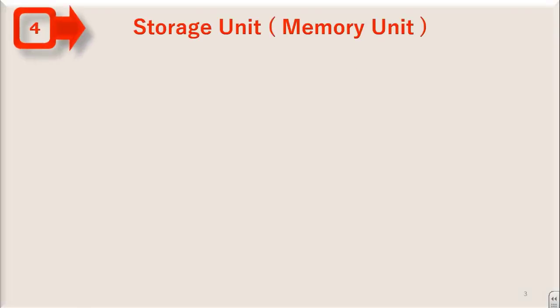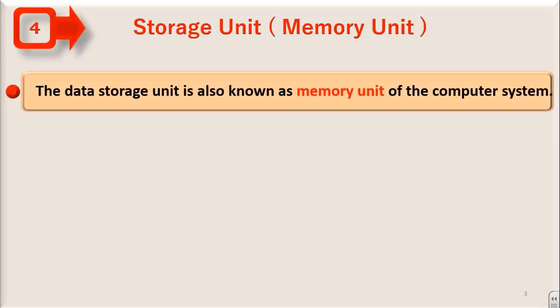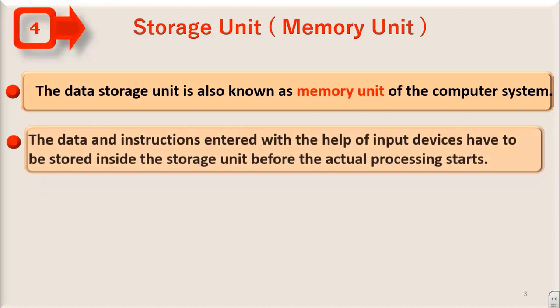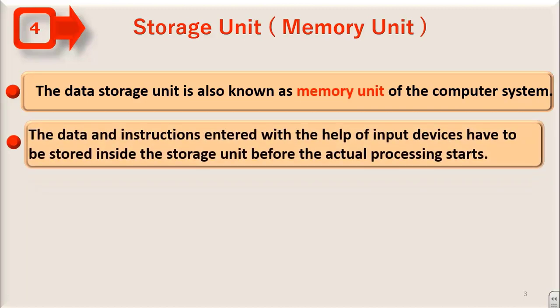Storage unit or memory unit. The data storage unit is also known as memory unit of the computer system. The data and instruction entered with the help of input devices have to be stored inside the storage unit before the actual processing starts.